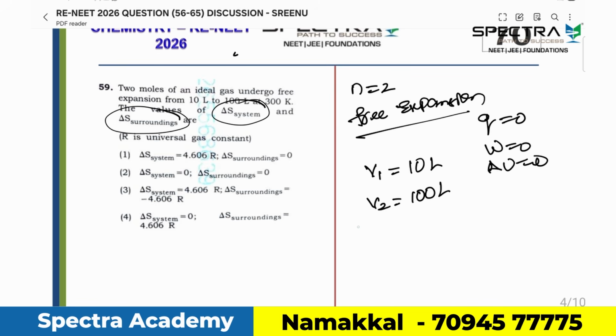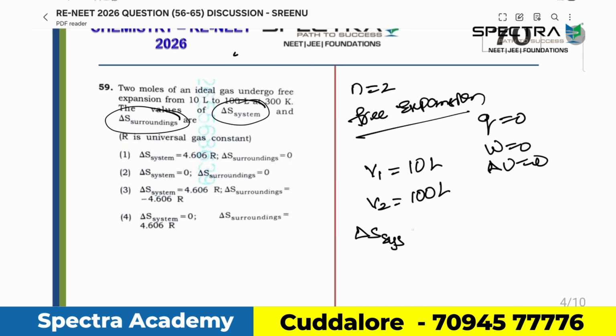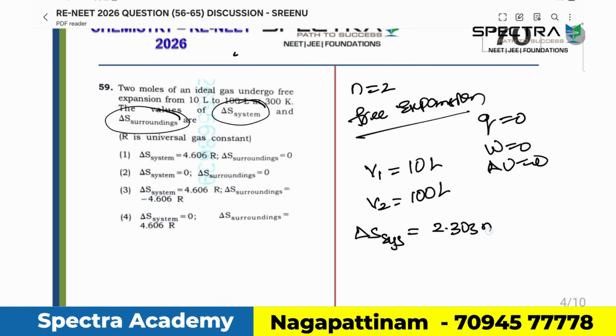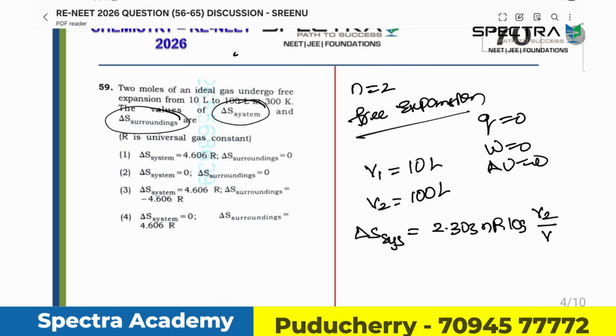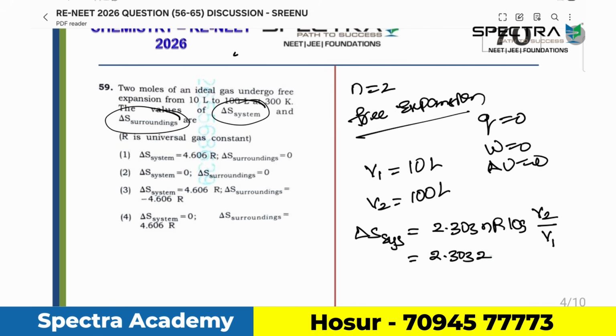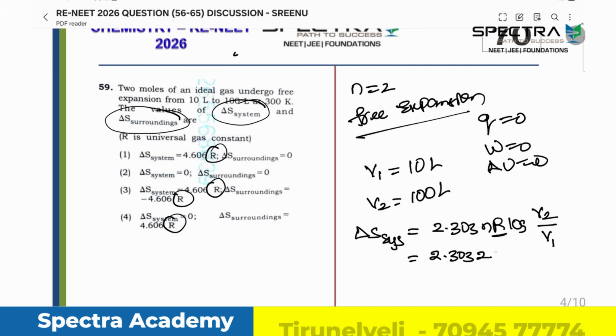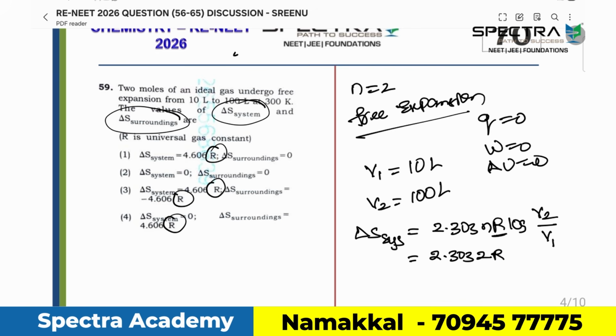We know the formula. Change in entropy of system is equal to 2.303 nR log V2 by V1. The value of n is 2, as given. We need not substitute the value of R, because in the options also R is there, so directly take it as R only.